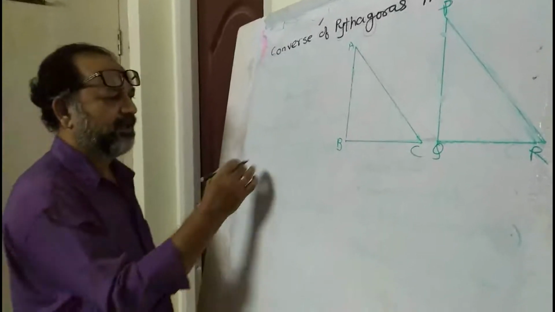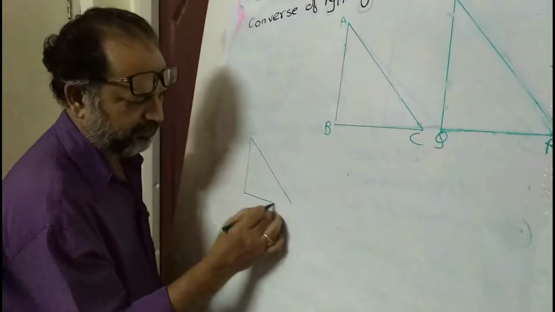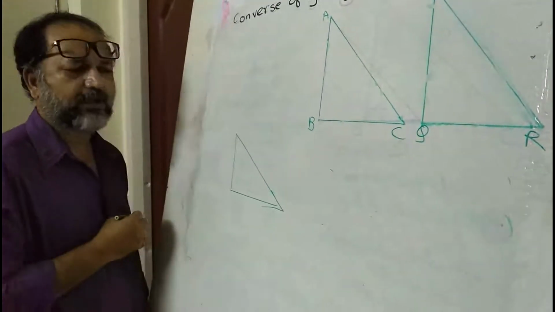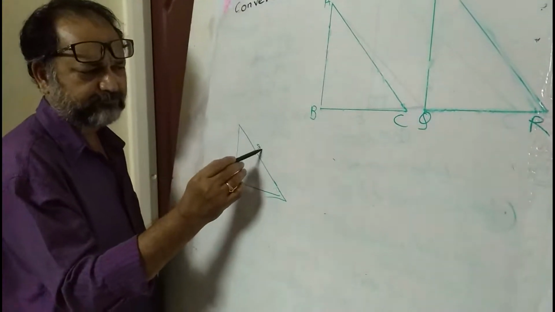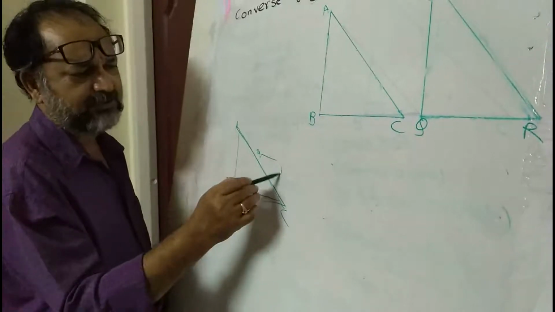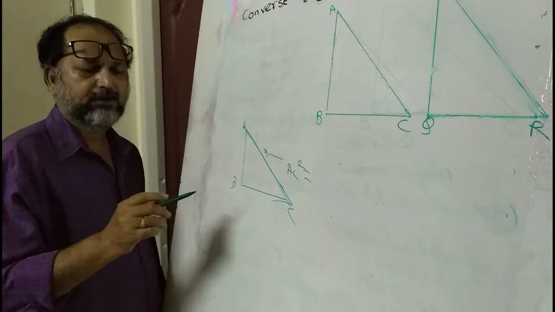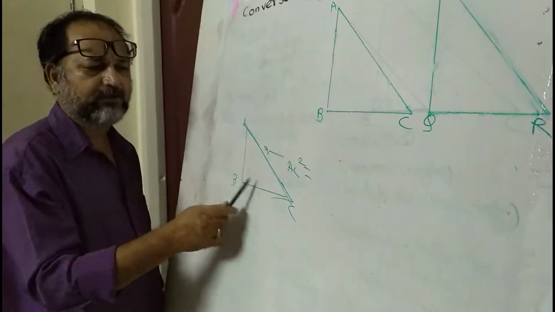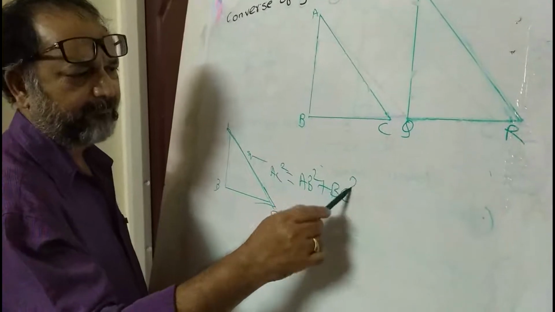It says this way. If there is a triangle, we don't know whether it's a right angle triangle or whatever it is. Say this is ABC, and you are given AC square is equal to the sum of the squares of the other two sides, it is equal to AB square plus BC square.